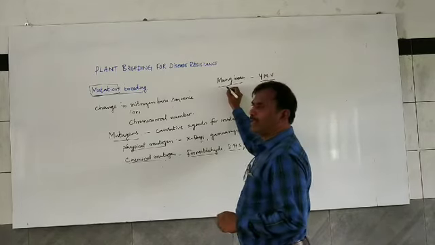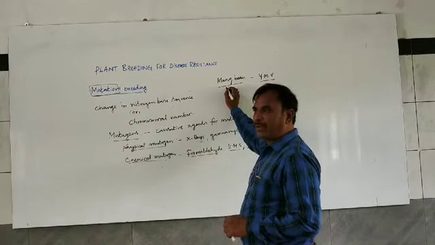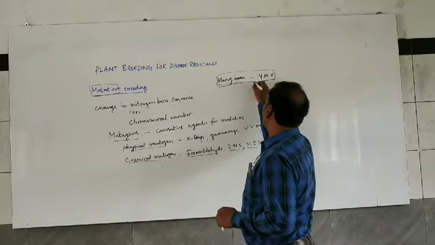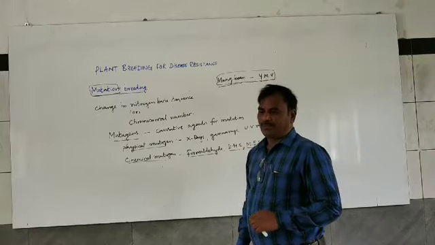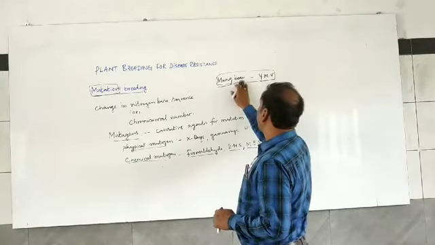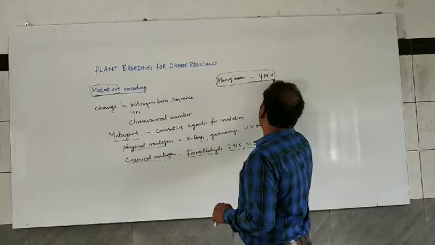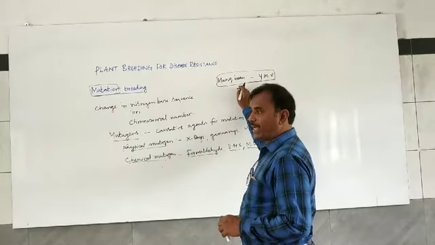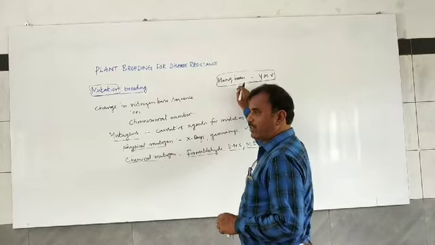In such a way, in mutation breeding, a mung bean variety is developed against the yellow mosaic virus.